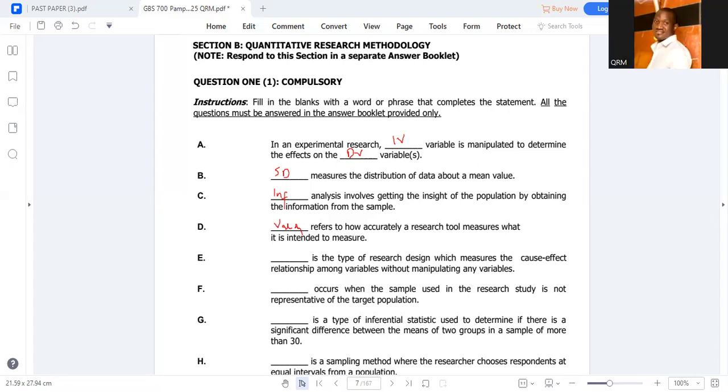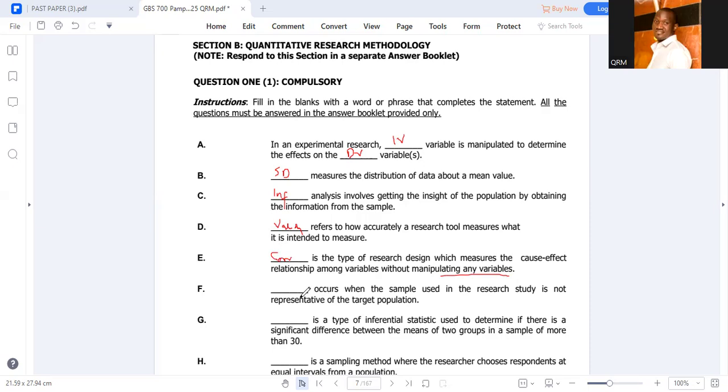Are you guessing or are we together? What research design? Dash is a research design which measures cause-effect relationship without manipulating the variables. Correlation. Yes. Who said correlation? Chama.